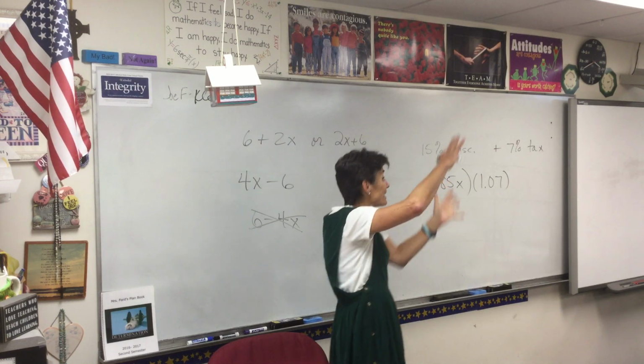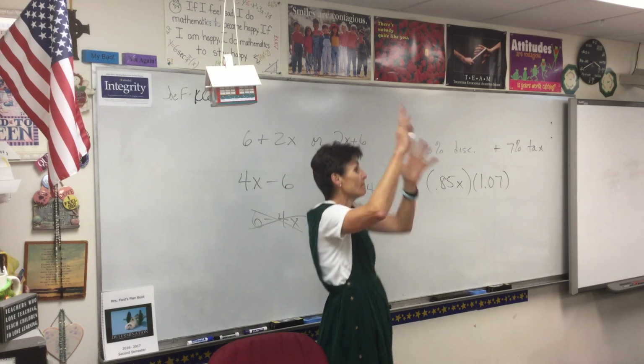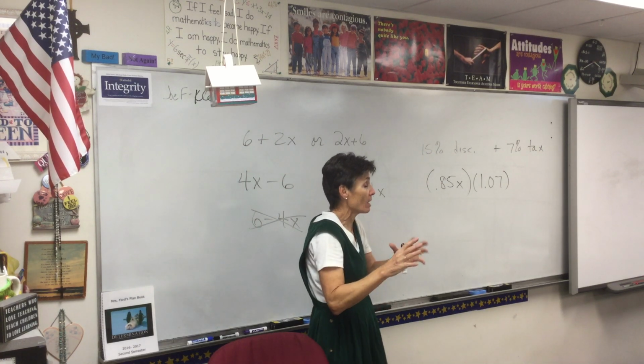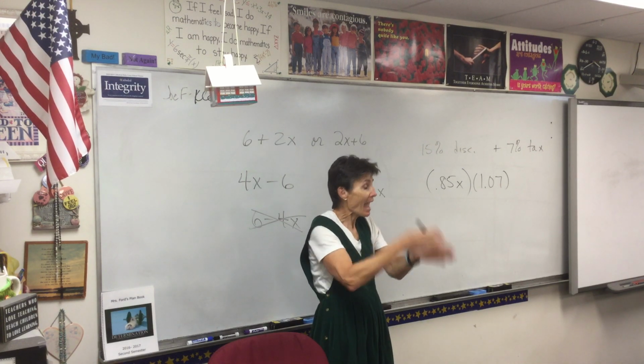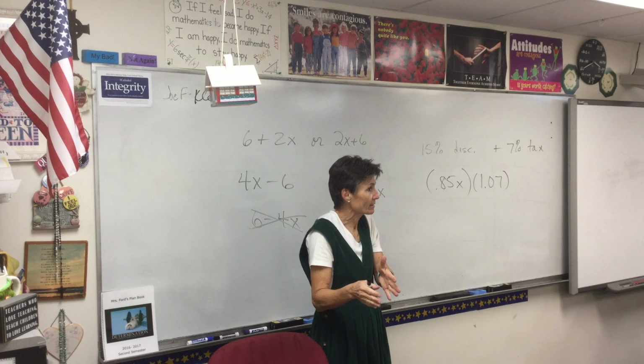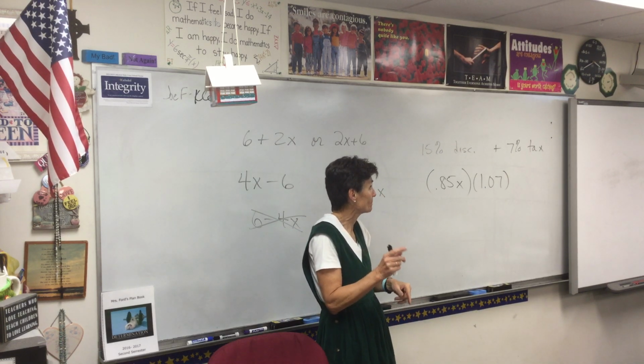If you're adding on a tax, a raise, a commission, you take 100%, one, and add on whatever percentage you're doing. So if I'm adding on 7%, I multiply by 1.07.